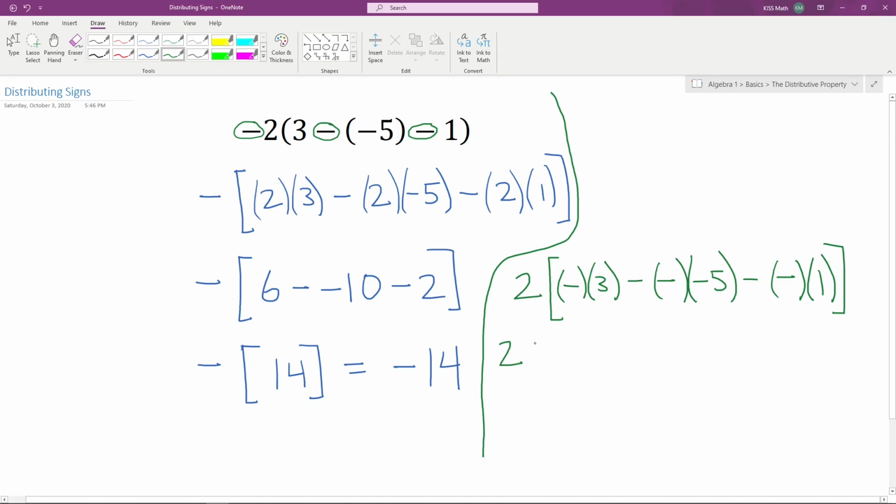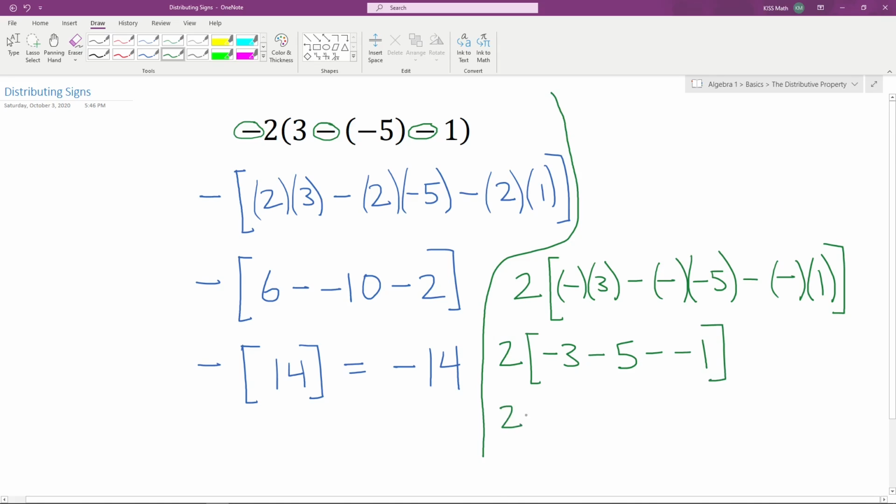So if we simplify this, we have a negative 3 minus a negative 1 times a negative 5 is a positive 5 minus negative 1 times 1 is a negative 1.